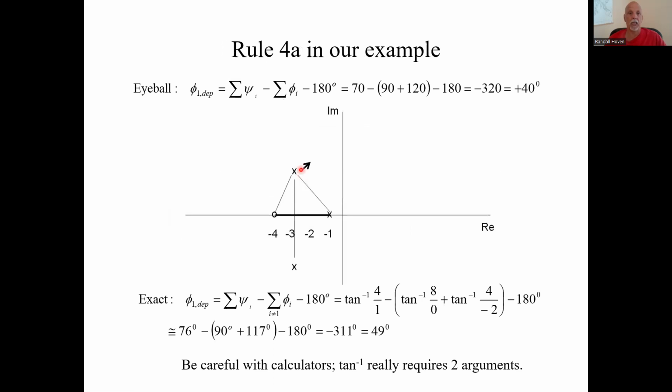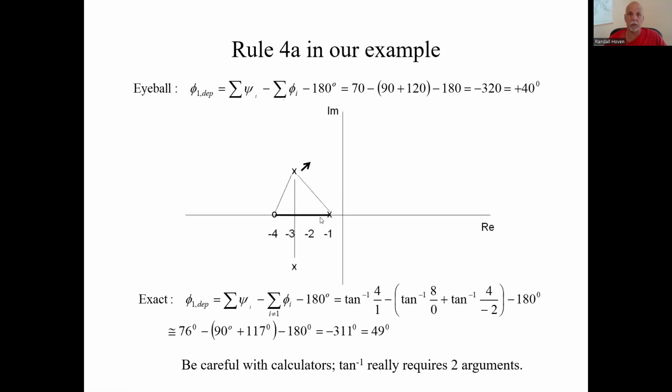Let's look at this pole up here. First, the angles from the zeros. Here's a zero. What's this angle? I'll say it's about 70 degrees. Now, we're looking at this pole again. What are the angles from this pole and from this pole? Well, this one, it's easy. It's 90 degrees.